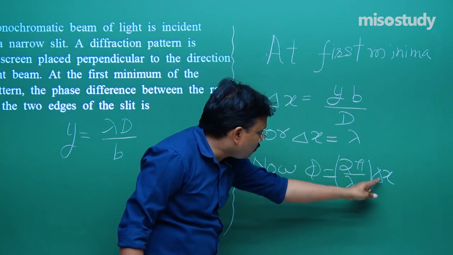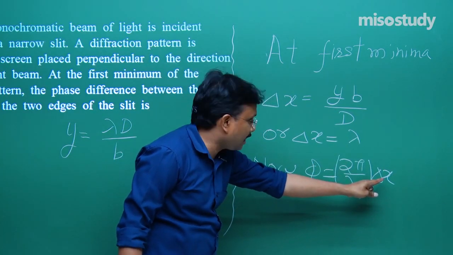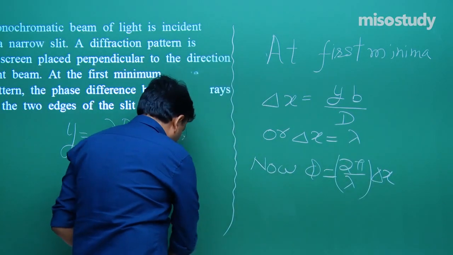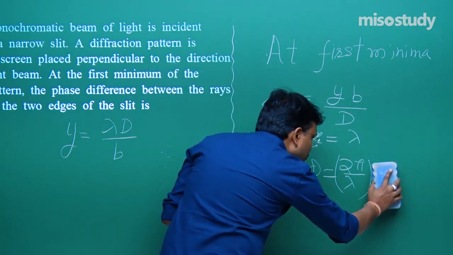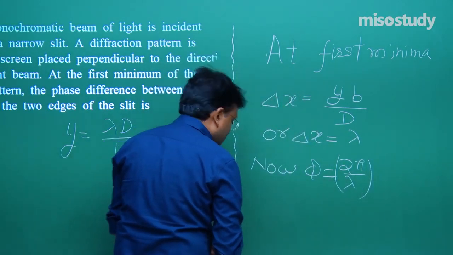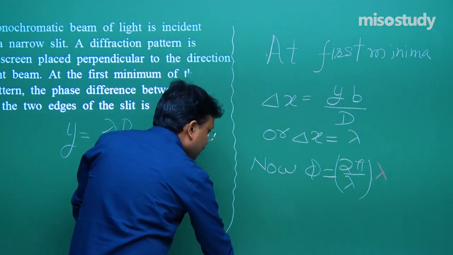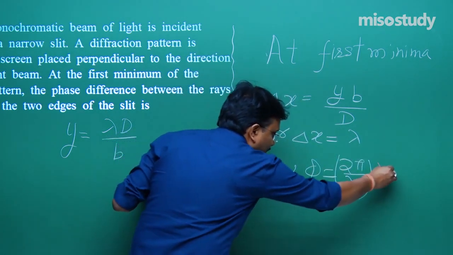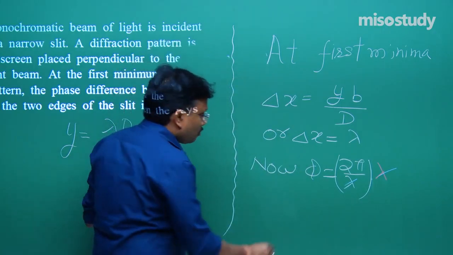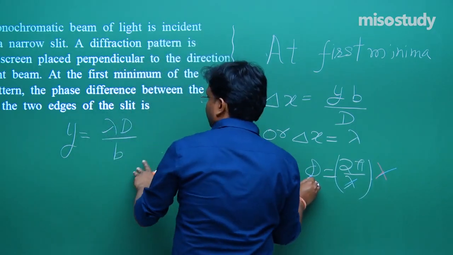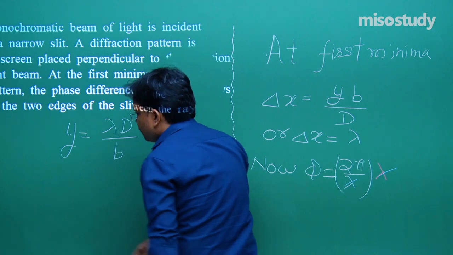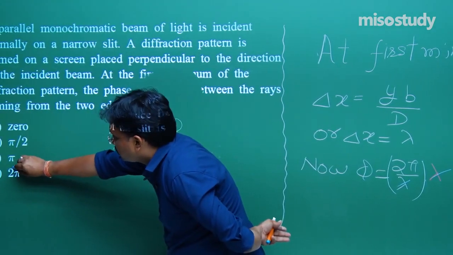So replace the value of lambda for delta x over here. So what will happen? If in the same relation I am replacing this value, let us use blue color to cancel it. So, what is the phase difference phi? It is 2 pi, which is this answer.